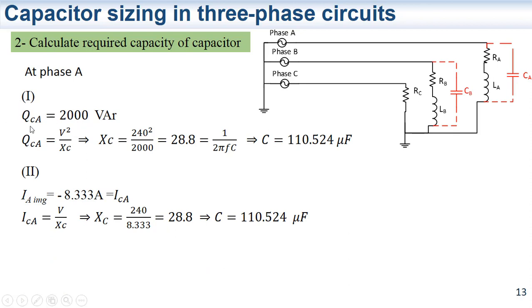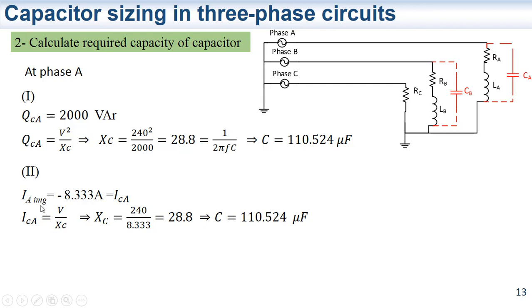For phase A, we can find the capacitor size by assuming that the capacitor reactive power will be equal to the existing load reactive power, which is 2000 volt ampere reactive, and from that value through the voltage we can find the capacitor size required to push the power factor of phase A to unity.